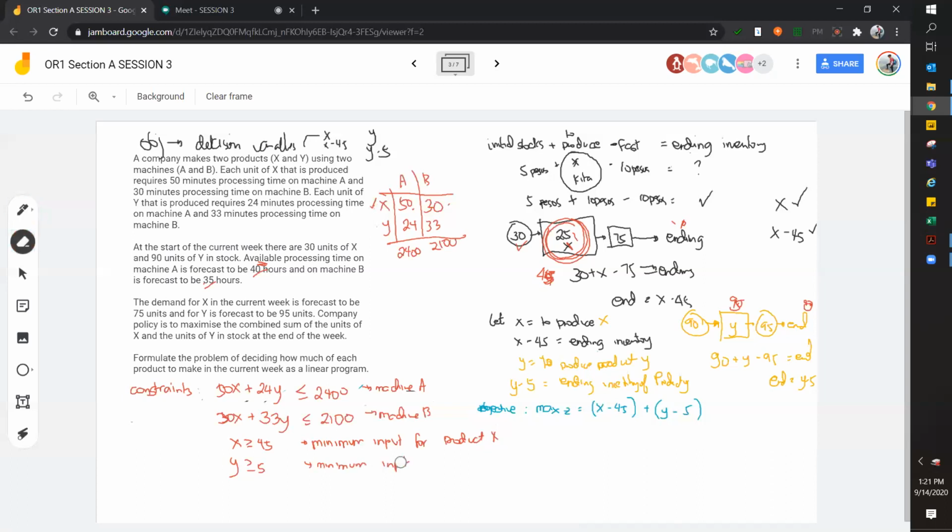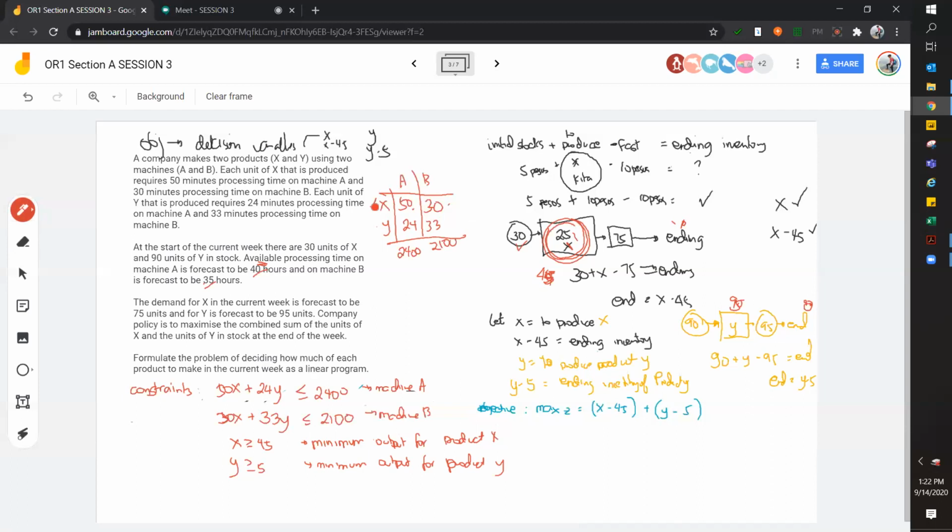Sorry, not input, output dapat. Kasi yun yung ipoproduce eh. Yan. Yan na po ba?